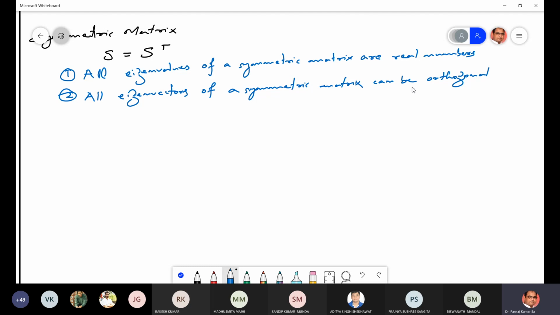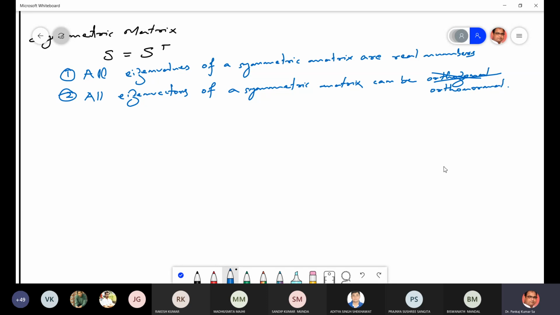If it can be orthogonal, then they can also be orthonormal. So, orthonormal. Yeah, this "can be" is something bothering.